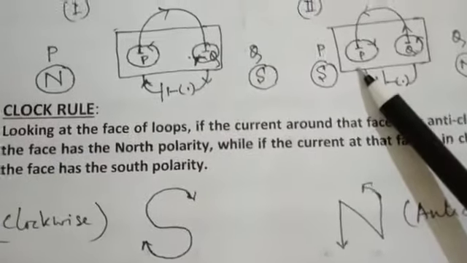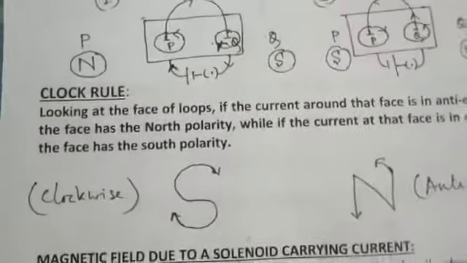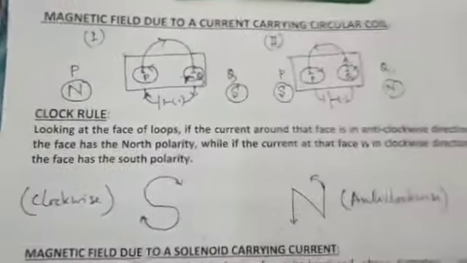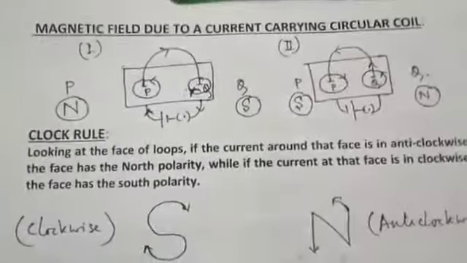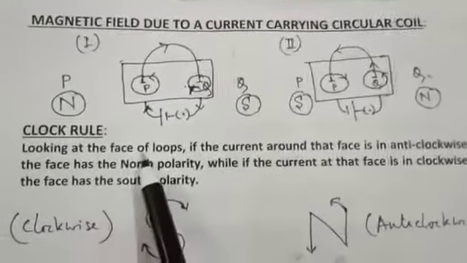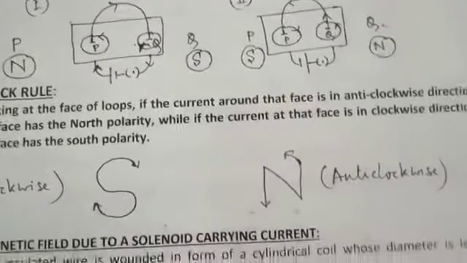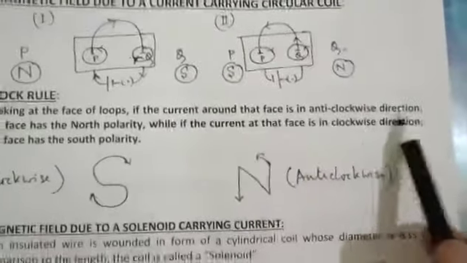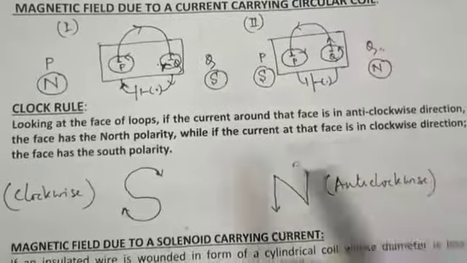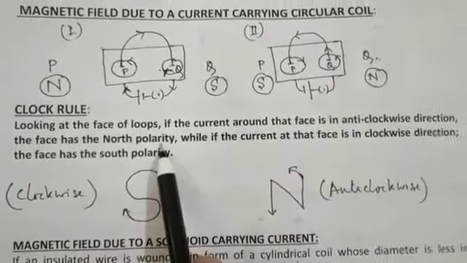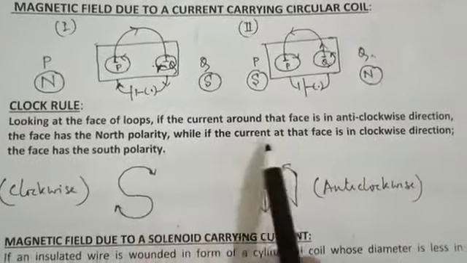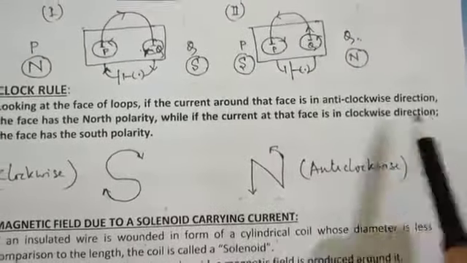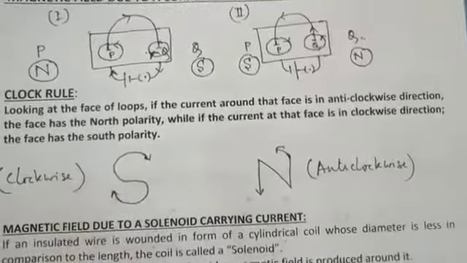Now, to know further in this topic, we have the clock rule, and the rule says that if, looking at the face of the loop, the current around the face is in anti-clockwise direction, the face has north polarity, while if the current at the face is in clockwise direction, the face has south polarity.